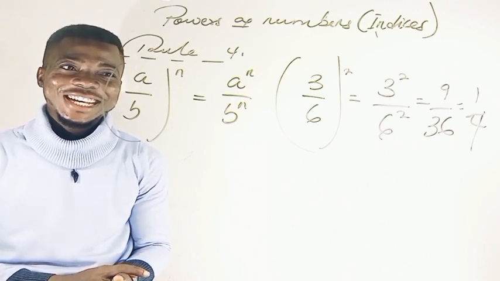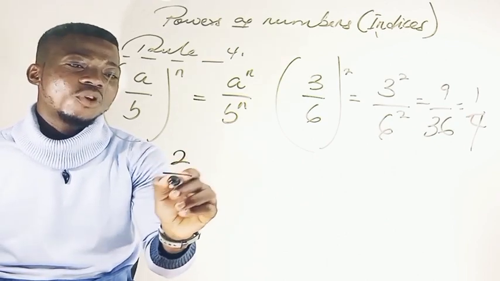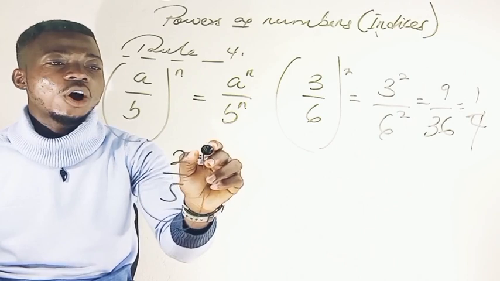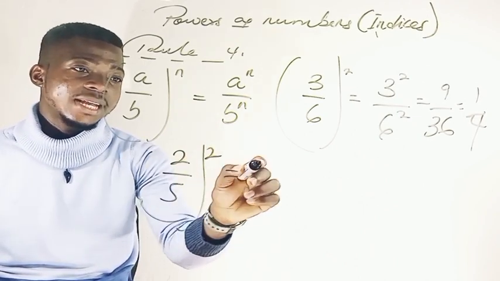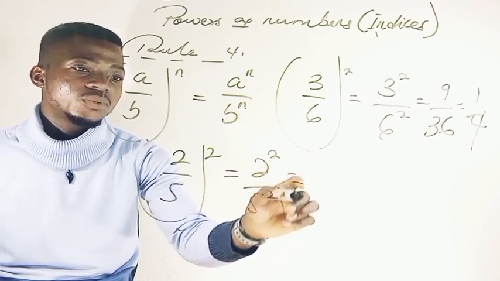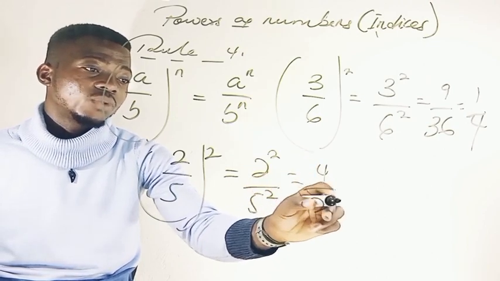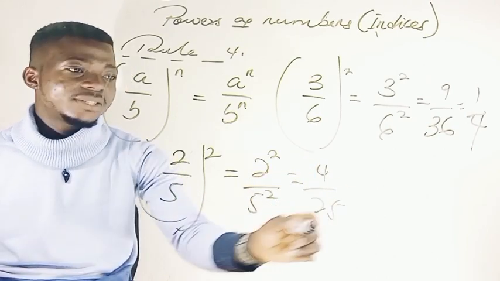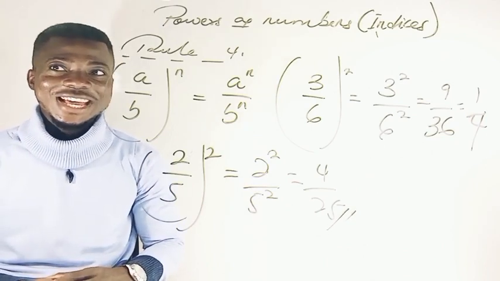Brilliant. Good. Or if you have 2 over 5 all to the power 2, that is 2 exponent 2 all over 5 exponent 2, and that is 4 over 25, and that's your final answer using rule number 4. Okay, right.